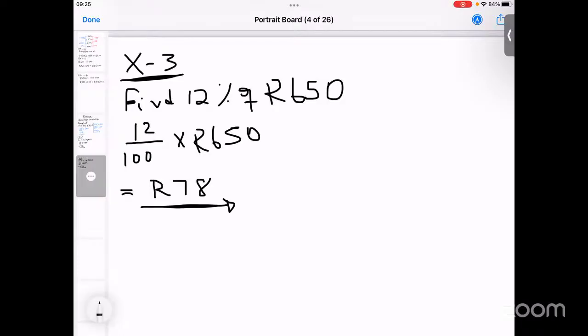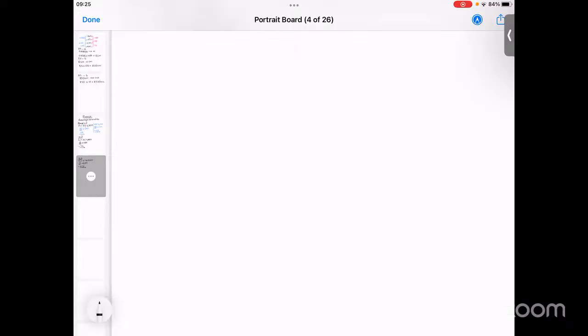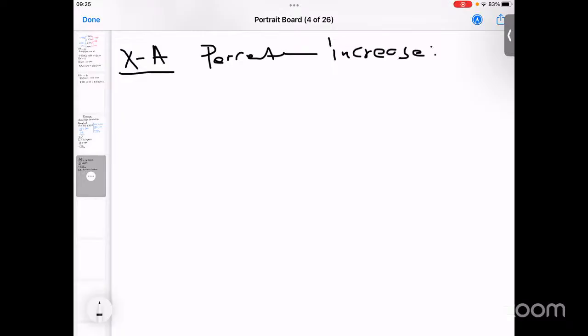Okay, so now, maybe on this same lesson, let's try to do some calculations of percentage increase and percentage decrease. So maybe let me refer to this as example number A, whereby we are going to be looking at a percentage increase. Okay, so let us say, as an example, maybe a shirt.